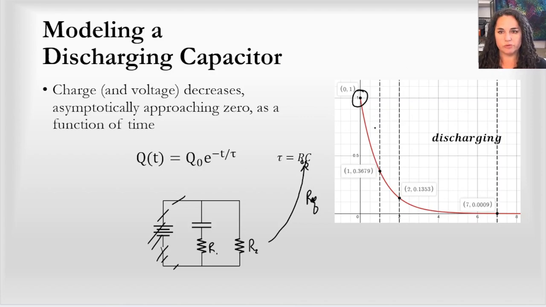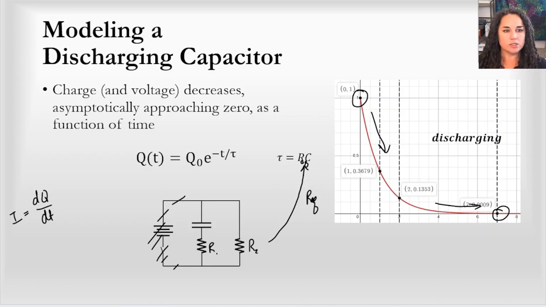It starts with a maximum value, goes to 0 over time. Okay, if I wanted to find the value of the current at any time, I would just find dq dt. You all know calculus and how to take derivatives at this point.